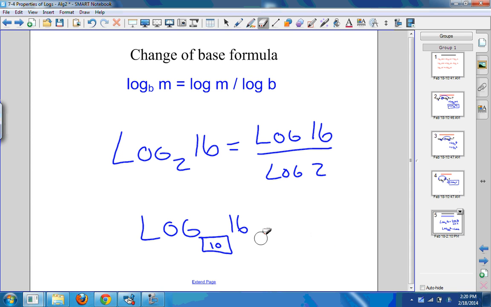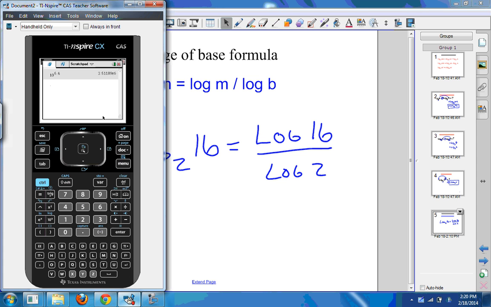So I can put this into my calculator just to double check it, make sure it works. Let's try again. Log base 2 of 16, we get 4.